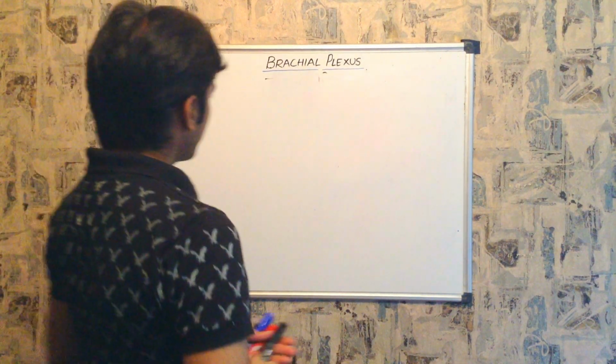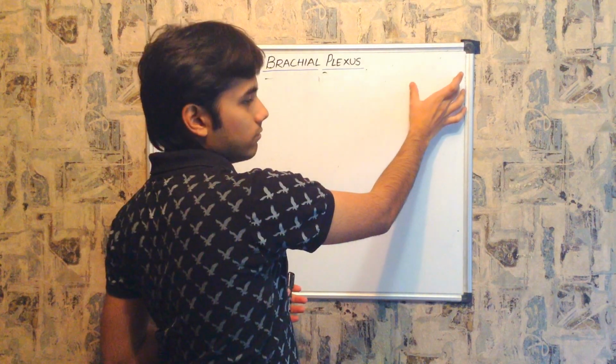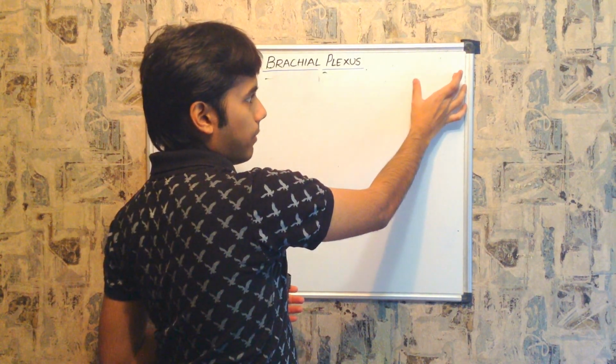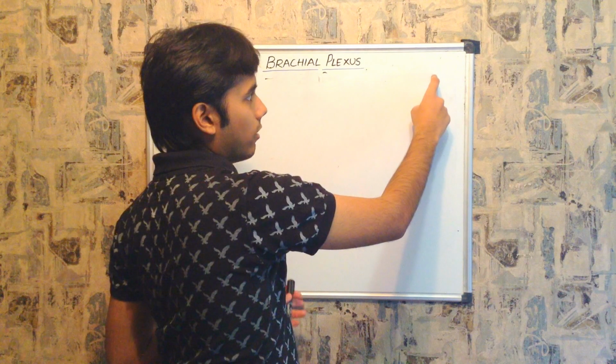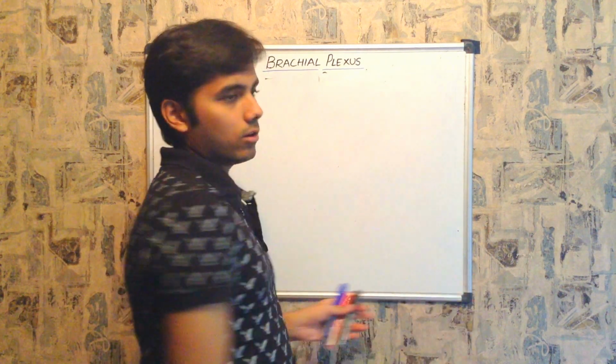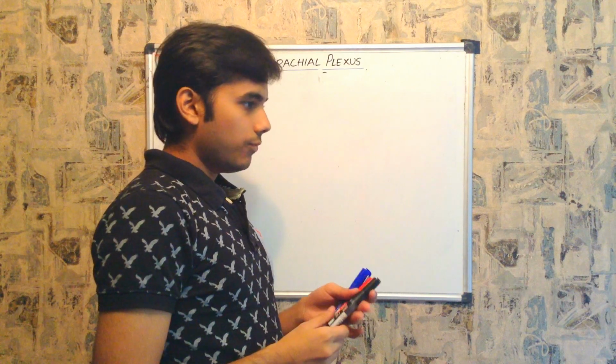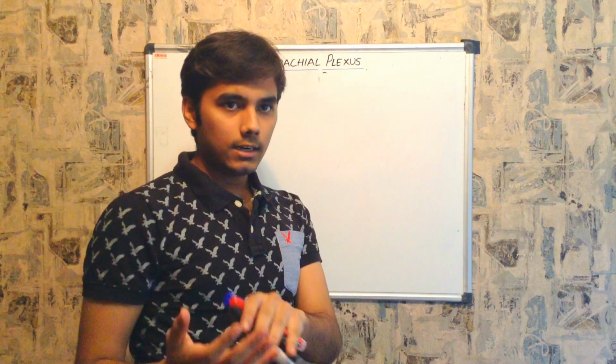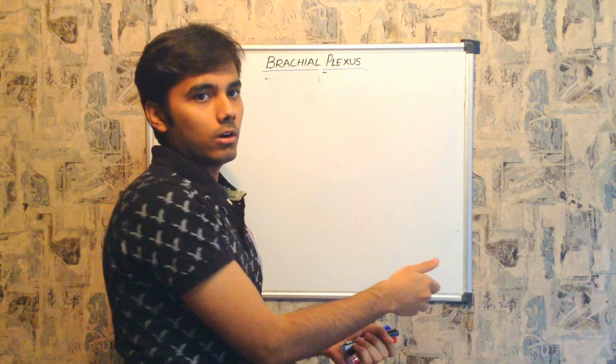So now, as I told you, there are mainly three cords of the brachial plexus: posterior cord, medial cord, as well as the lateral cord. First of all, in relation with an artery, we need to discuss these cords.